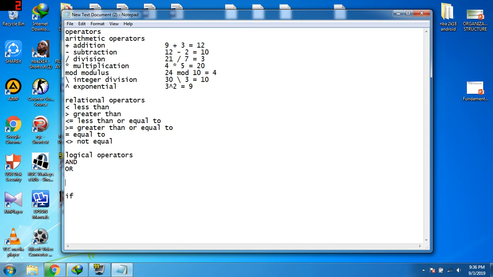So let's give an example of integers. Let's say x is equal to any number, for example 10, and we assume we have the value x equals 10.